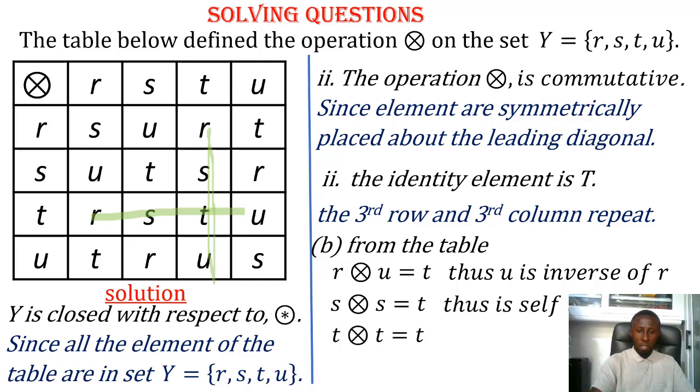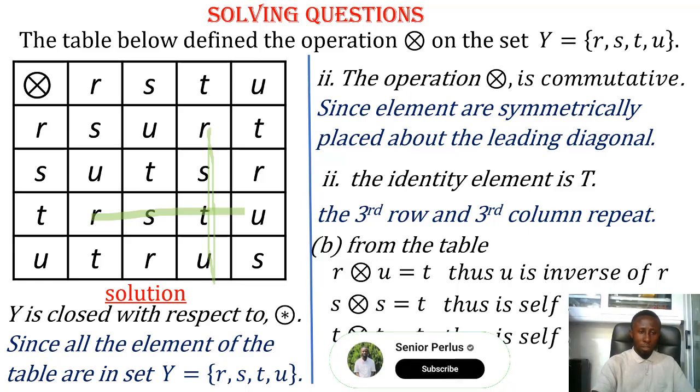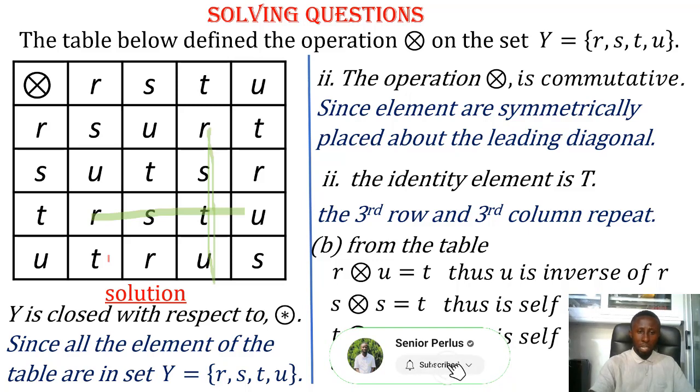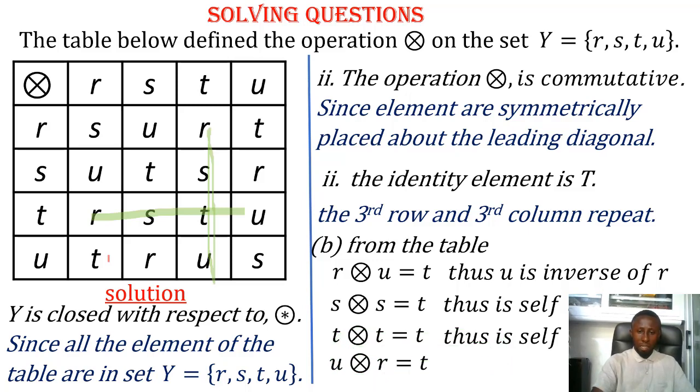So T operation T is T. That's the identity element because the identity element is T. That one too is self inverse. And we have U operation R. U operation R is T. Then R is the inverse of U. As easy as that.